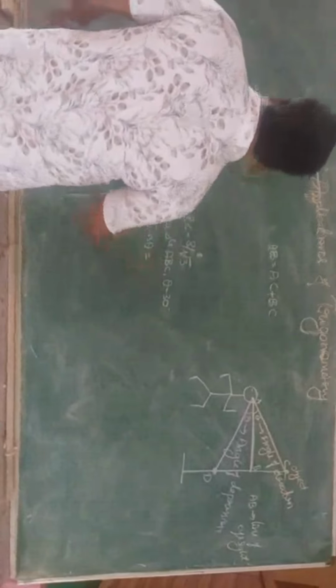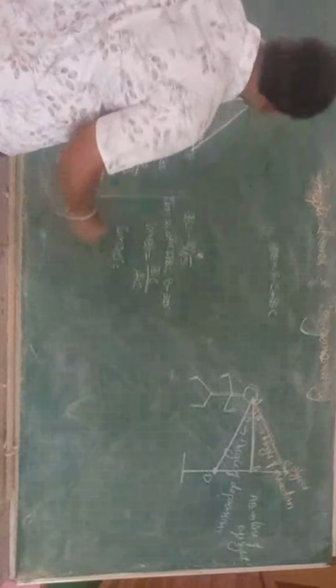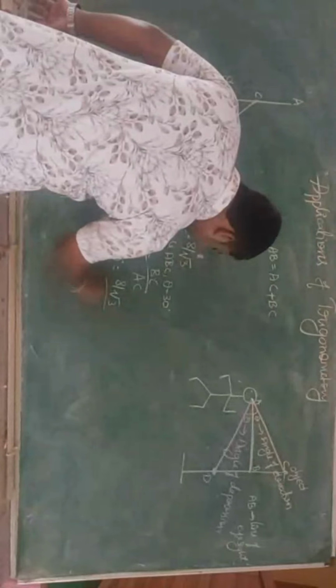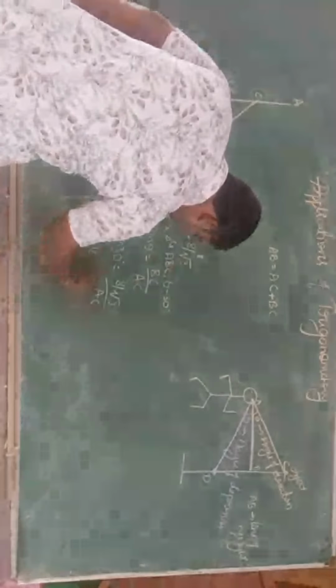Sin theta is equal to opposite BC upon hypotenuse AC. Sin 30 degrees is equal to BC, which is 8 upon root 3, upon AC, and sin 30 is half, so half is equal to 8 upon root 3 upon AC.